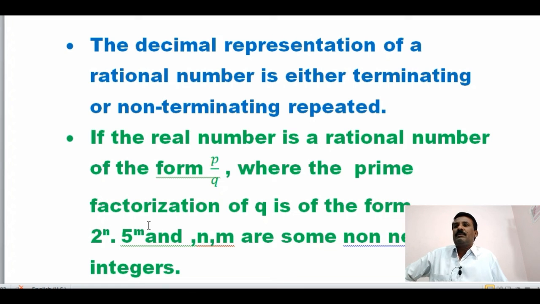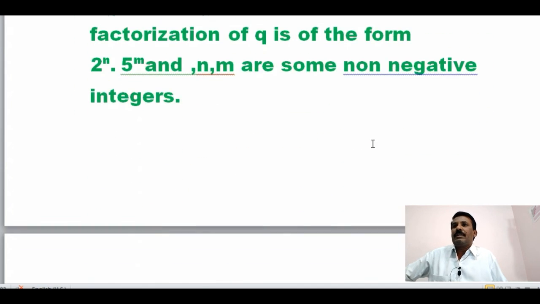In P by Q form, Q is of the form 2 to the power of n and 5 to the power of m, where n and m are non-negative integers. Then you should say it is a rational number, definitely a real number in the form of a rational number.